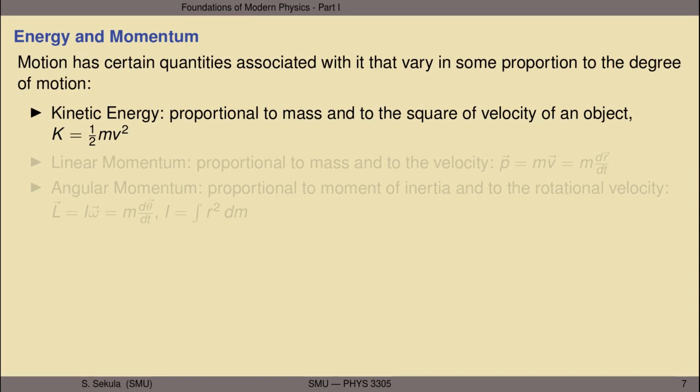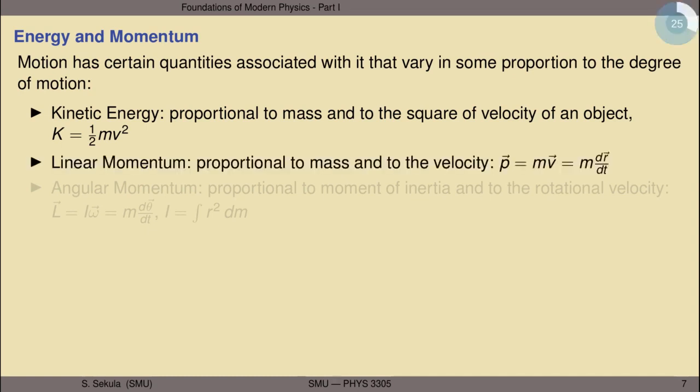So, for example, the quantity of energy associated with a moving object, so-called kinetic energy, is proportional to mass and to the square of the velocity of an object. It is a scalar. Because you square the velocity, you lose all directional information about it. And the exact equation for kinetic energy is determined to be 1/2 times the mass times the velocity squared, or the speed squared, of an object.